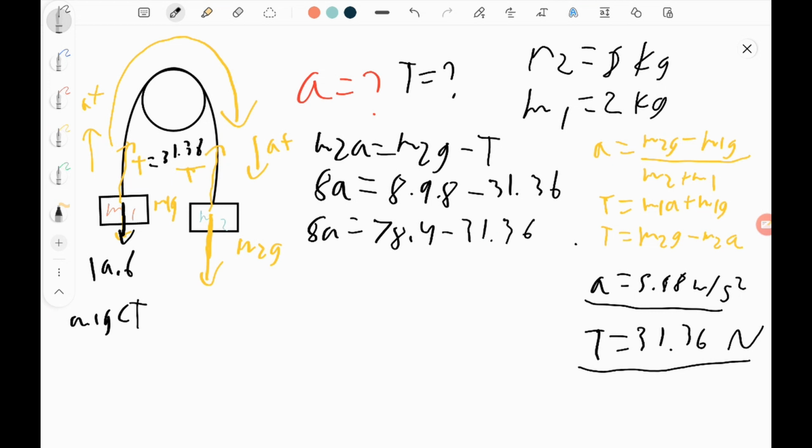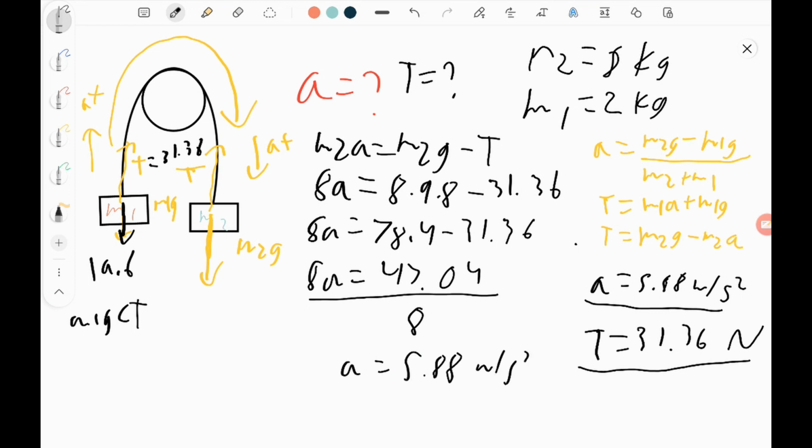So 8A is equal to 47.04. We divide by 8, and lo and behold, we get an answer of 5.88 meters per second squared. So the gravity force acting on block 2 is equal to 78.4 newtons, but the upward tension T is only equal to 31.36. Hence, we have a downward acceleration of block 2, and indeed, M2G is greater than the tension.